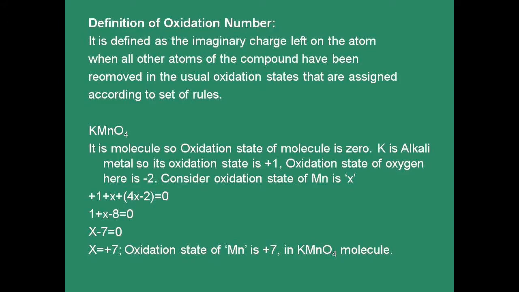So putting 0 here. Now after calculating, the potassium +1 charge and oxygen -8 charge we are going to remove, meaning we just put the numbers on the right hand side, so that we are getting the oxidation number value for manganese is +7.